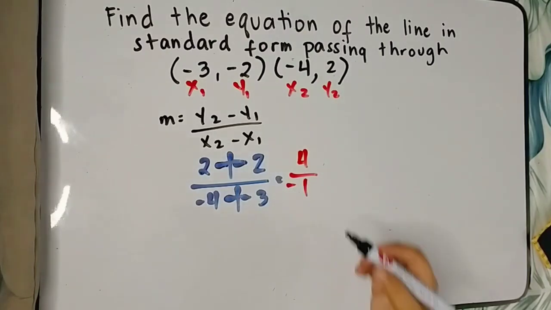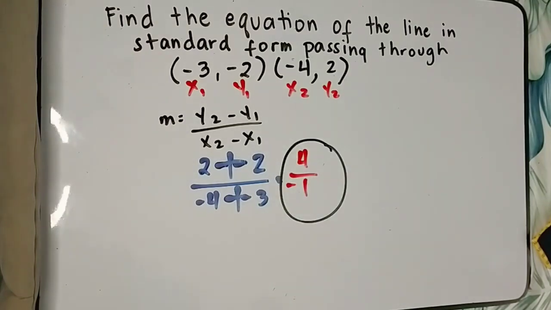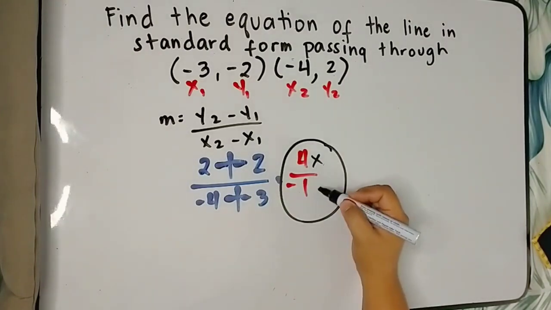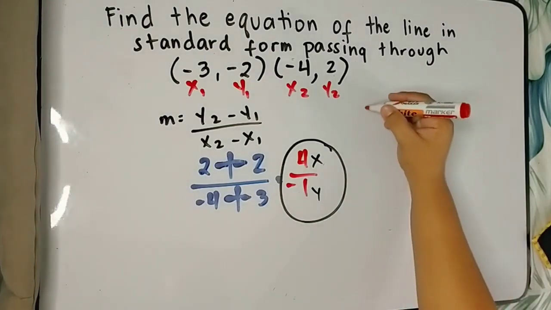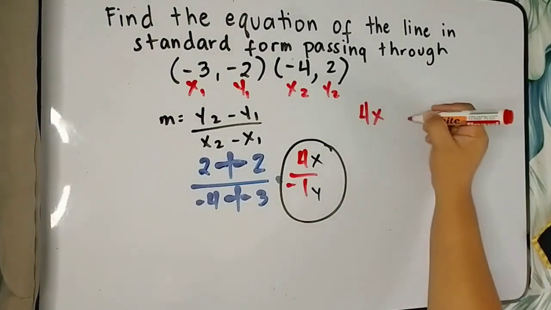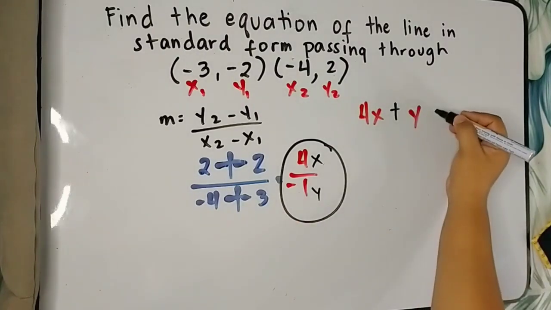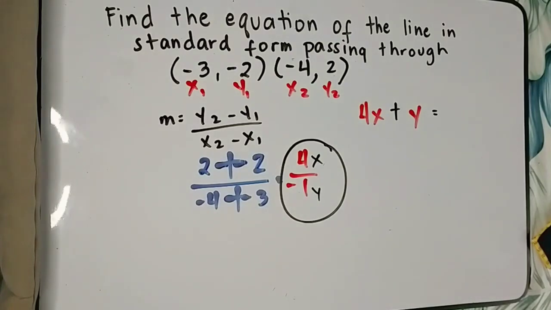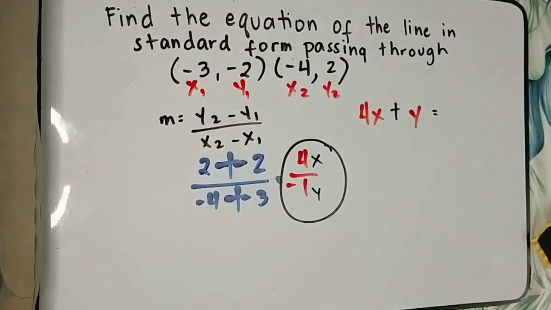So, again, since we have the value for the slope, so we're going to have 4x and 1y or y. So, we have 4x and y. Then again, the operation will be positive since we have a negative slope equals. So, here I want to use the second coordinates.